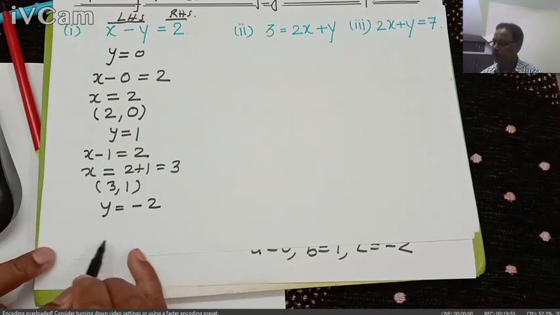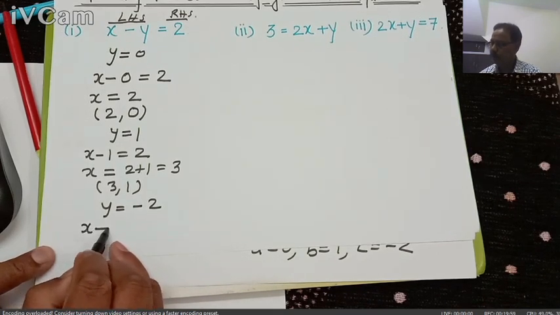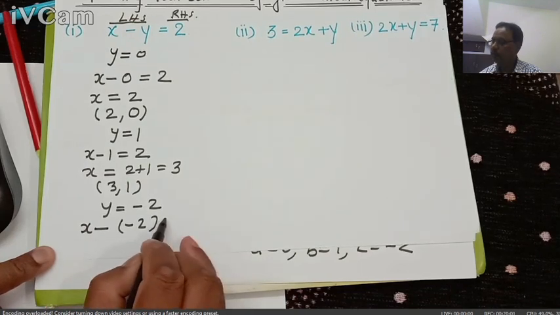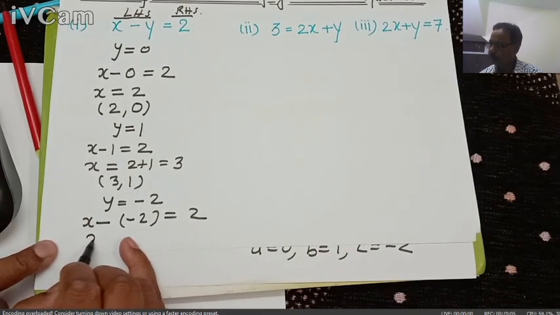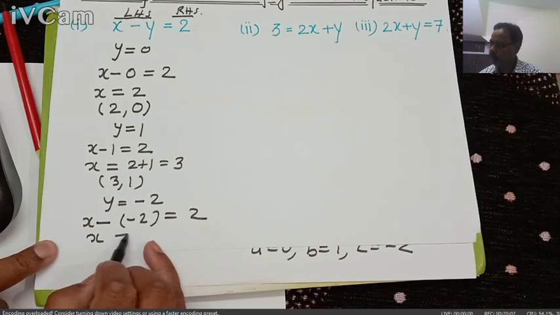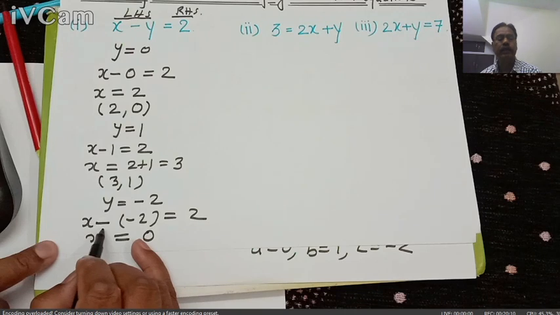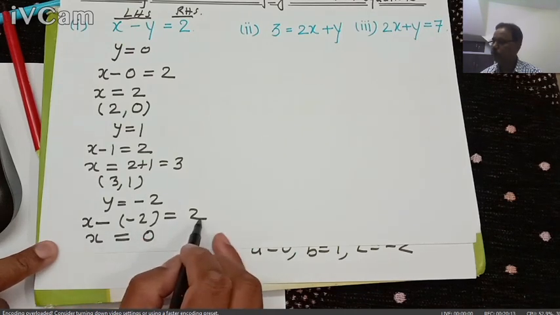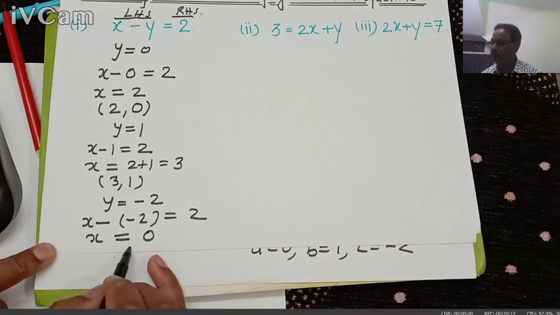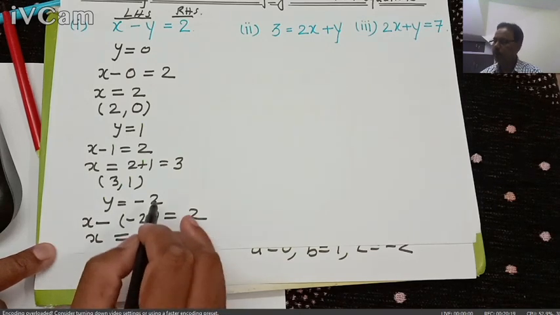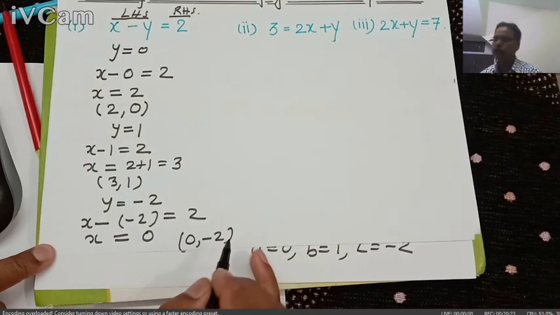So let us put x minus, minus 2 equal to 2. Minus and minus make plus, so x equal to 2 minus 2, that is equal to 0. So our third solution is 0 and minus 2.